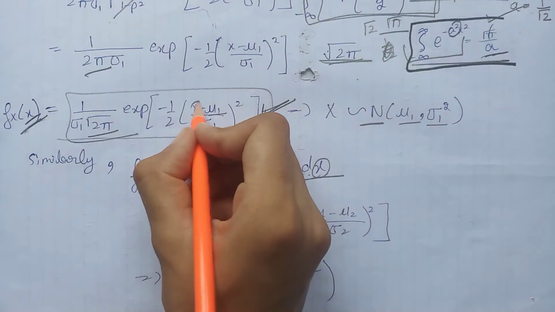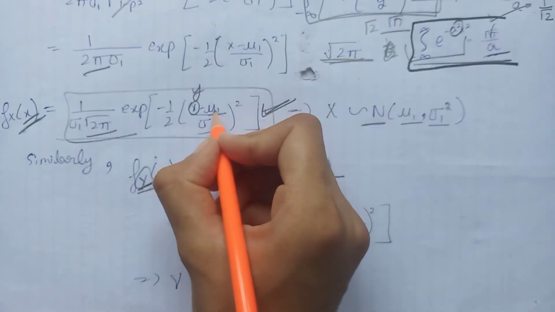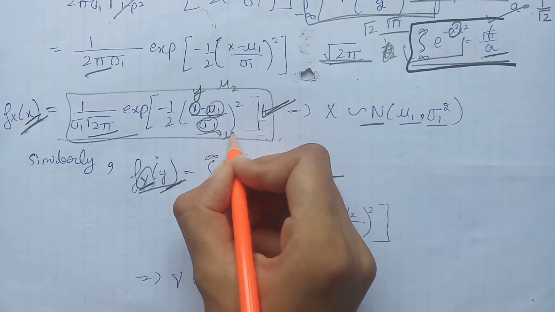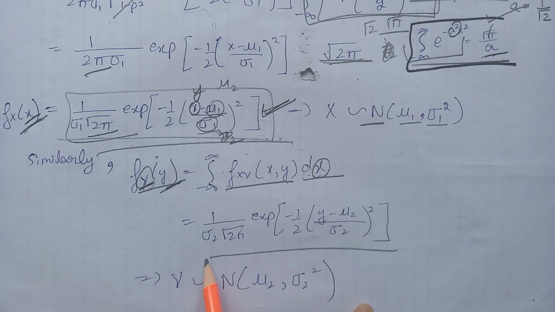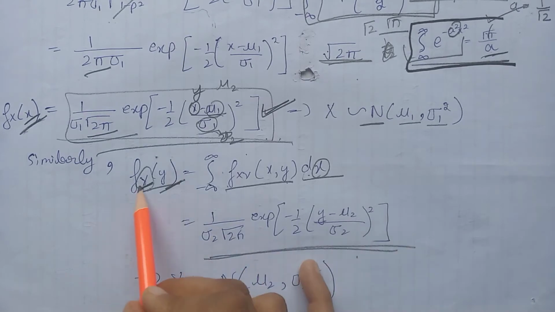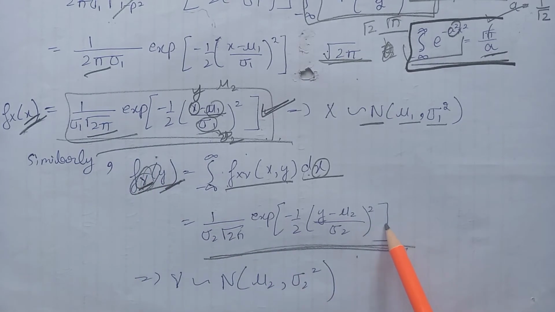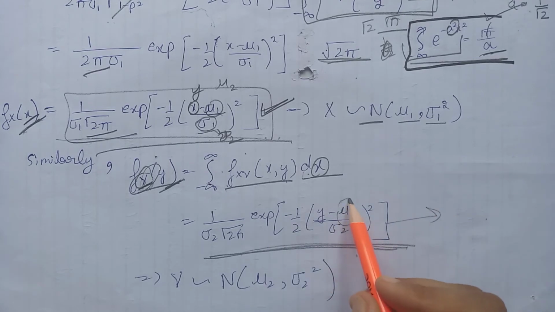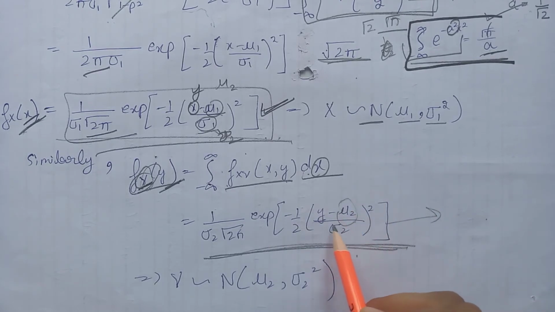That is, in place of x we will write y, and in place of mu 1 and sigma 1 we write mu 2 and sigma 2. So in this way we get the marginal PDF of y also. It is again equal to the PDF of the normal distribution, just the difference is in place of mu we are writing mu 2 and in place of sigma we are writing sigma 2. That means the y random variable also belongs to the normal distribution with mean mu 2 and variance sigma 2 square.